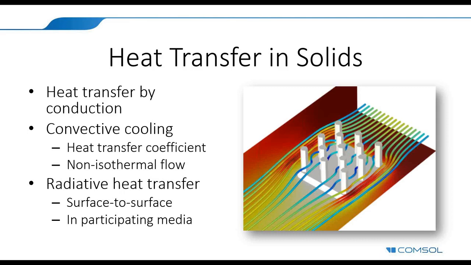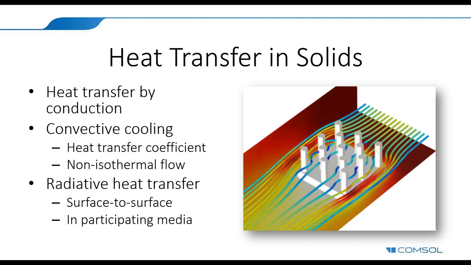The convective cooling effects can be modeled using some heat transfer coefficient just by defining a flux condition on the boundaries of a solid, or we can also model the flow going through the solid and all the non-isothermal flow with flow velocity, pressure, and temperature to get an accurate description of the heat exchange between this fluid and the solid.